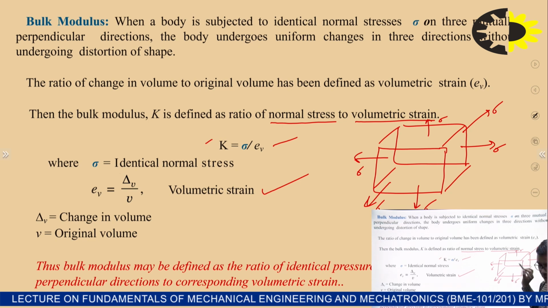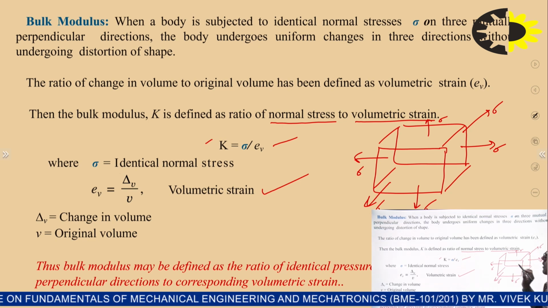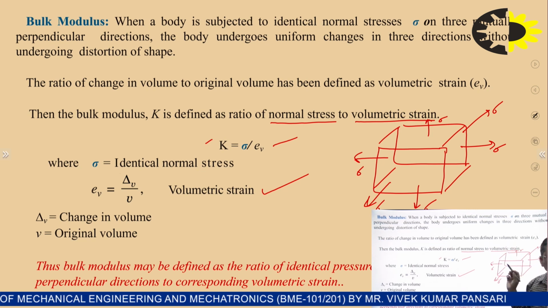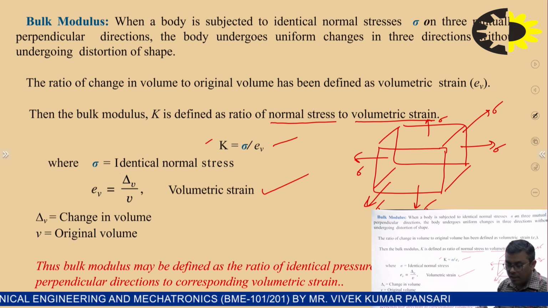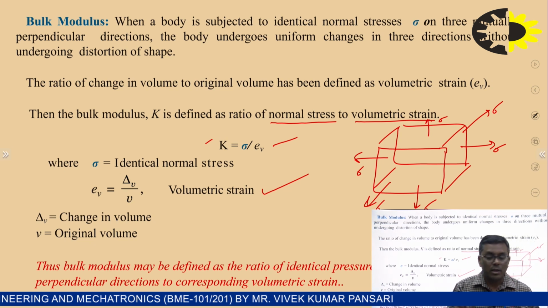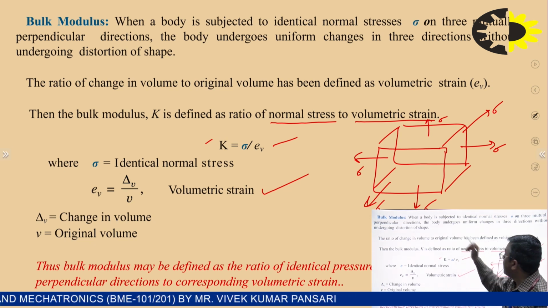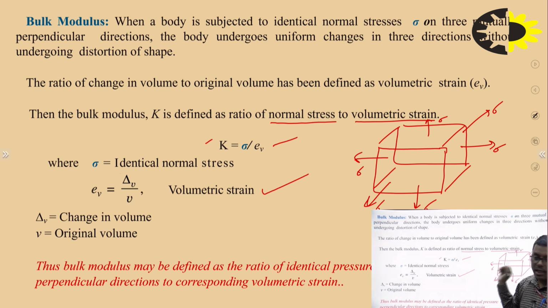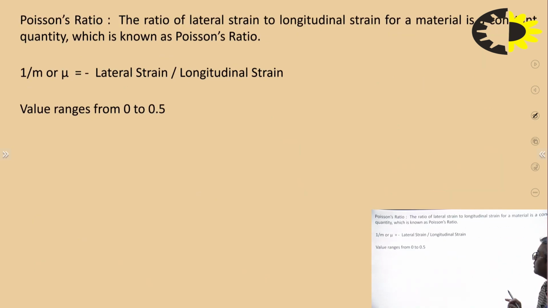So these are the different elastic constants I tried to cover in this particular section. What are these? Modulus of elasticity, meaning Young's modulus, then bulk modulus, and modulus of rigidity: E, K and G. Somewhere you may find C in place of G also. So this is the bulk modulus.